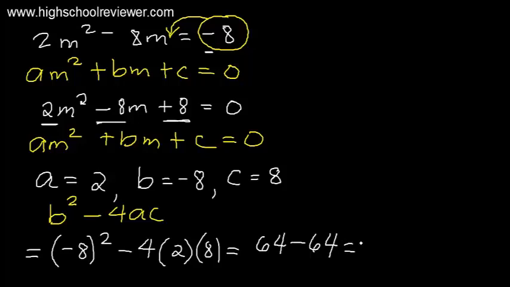So our discriminant here is equal to 0. Okay. So we can now determine the nature of the roots. So again, our b squared minus 4ac is equal to 0.